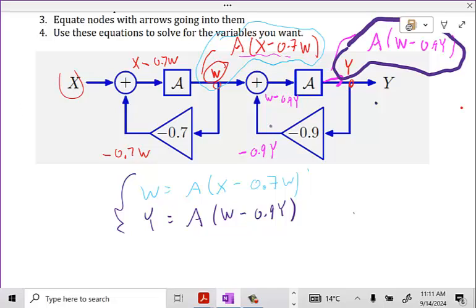All right, so now I have my two equations. Then I'll use these equations to solve for the variables I want. So I want to eliminate W. Okay, so let's do that.